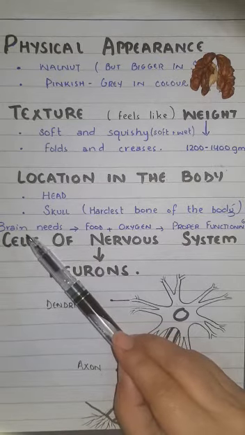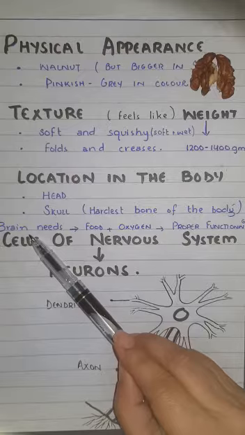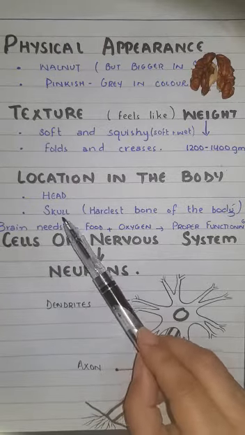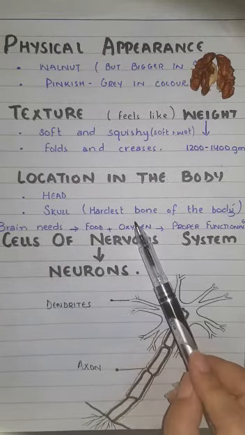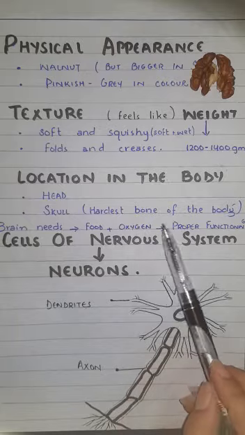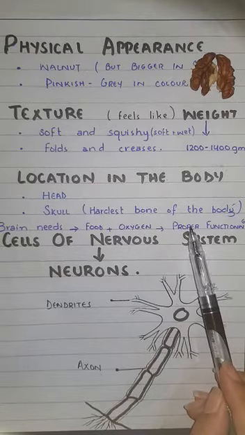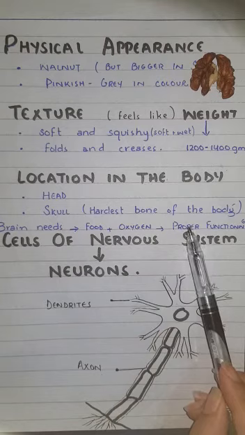As we have learned it previously, the brain has to perform a number of activities. All the time it keeps on working. So this brain needs a regular supply of food and oxygen so that it can function properly. Because it is the control center, it has to send the messages.